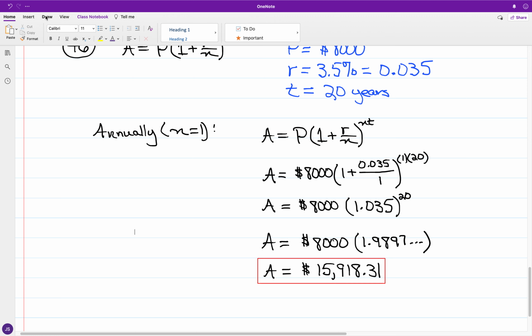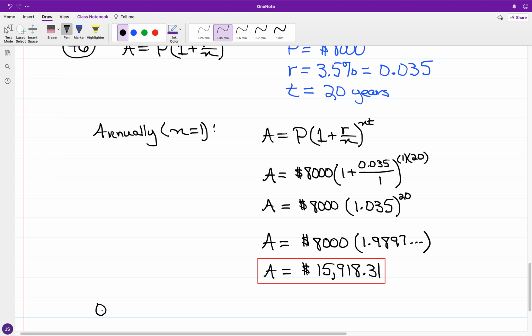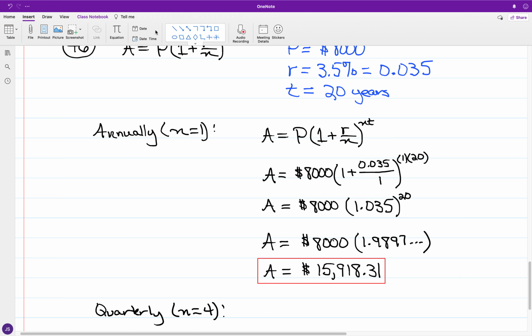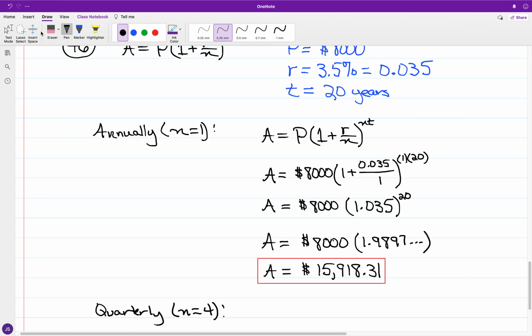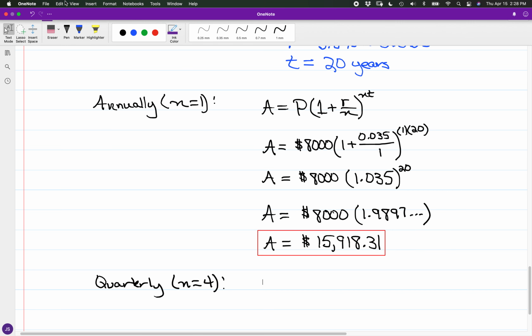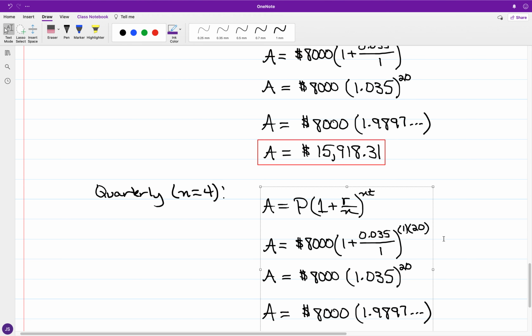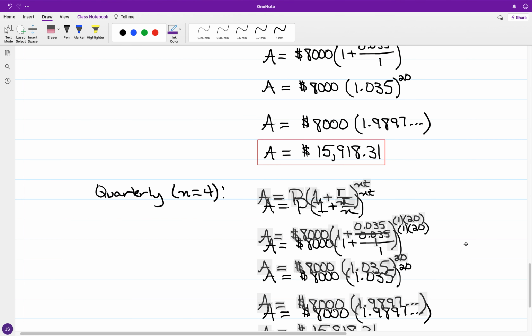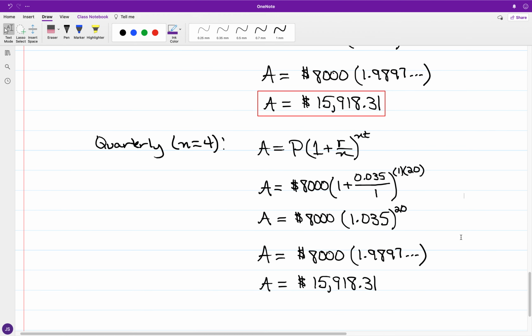And if I up the frequency, going from annually to quarterly compounding, where n is equal to 4, I'm still applying mostly the same numbers initially.